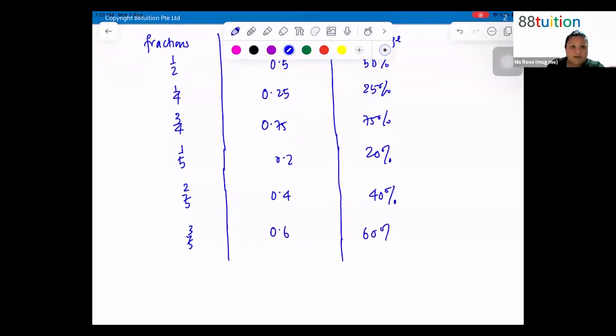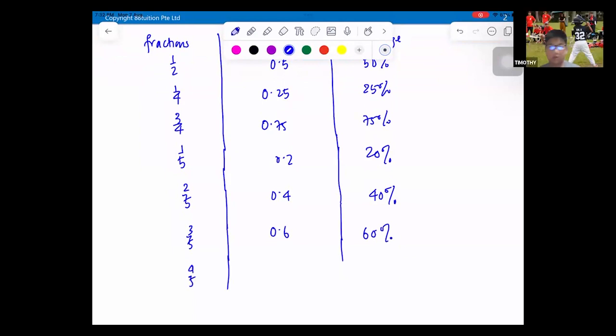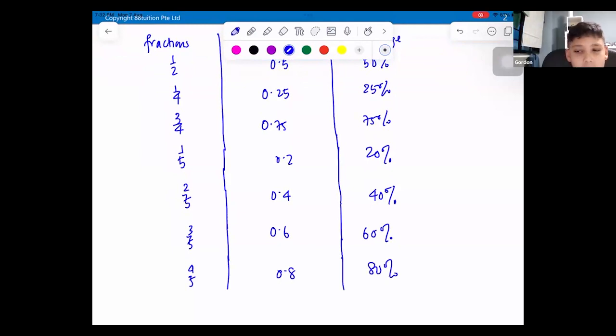And finally, 4/5 will be 0.8 and 80%. So as long as you're familiar, make sure that you all know how to do this conversion.